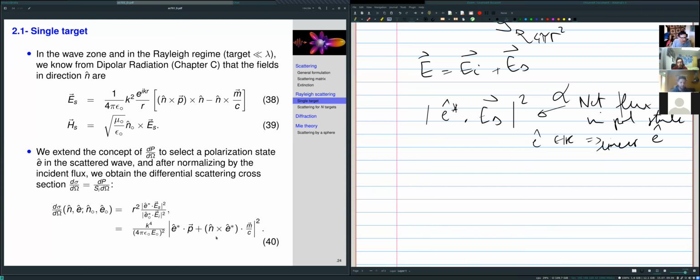Rayleigh scattering means small obstacle relative to the wavelength, and we have this fourth power of the frequency, meaning that the scattering cross-section increases like the fourth power of the frequency, and all the rest are just properties of the medium or physical constants.